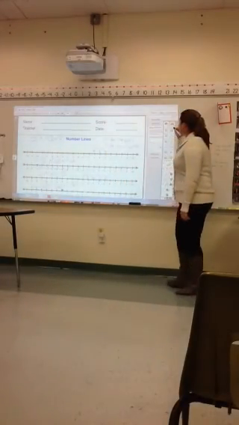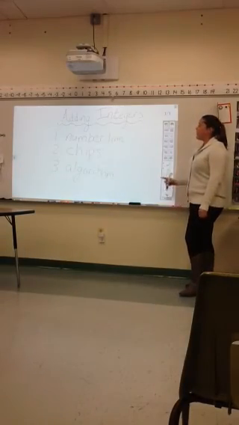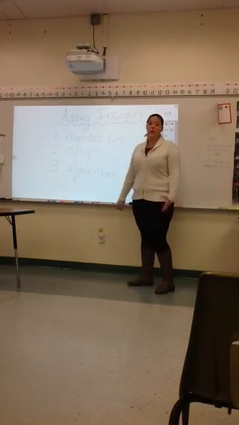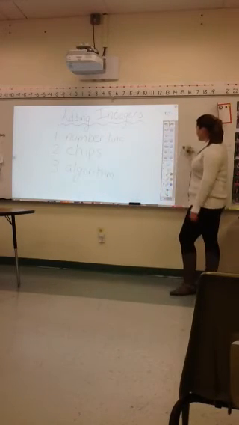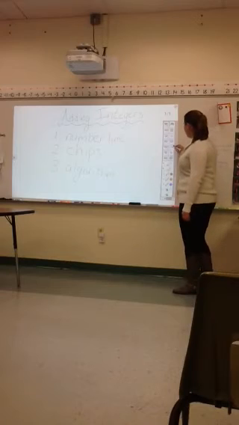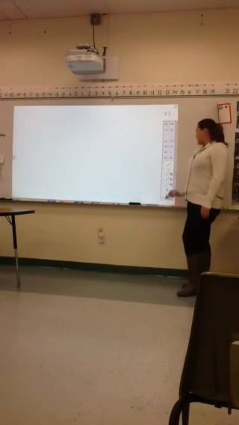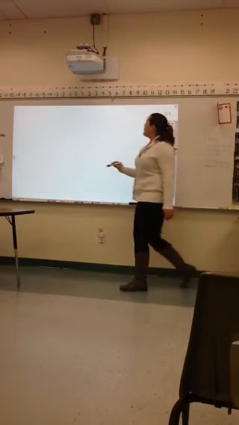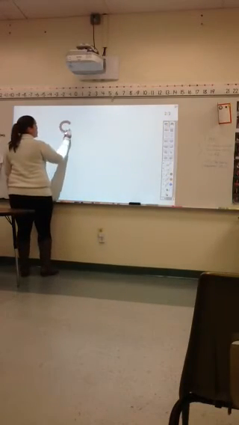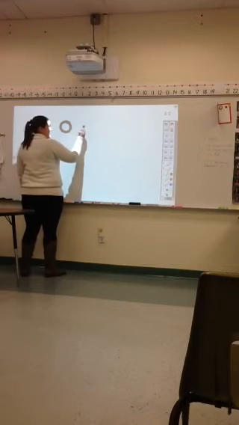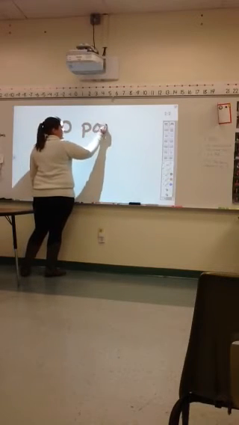Okay, let's talk about the second method of adding integers, which is to use chips. Okay, so traditionally, when we have black circular chips, that indicates that the numbers are positive.